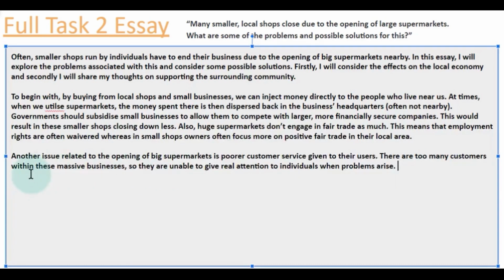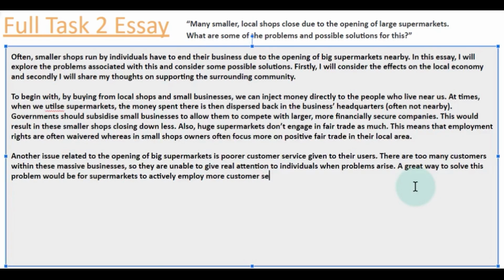There are too many customers within these massive businesses, so they're unable to give real attention to individuals when problems arise. A great way to solve this problem would be for supermarkets to actively employ more customer service focused employees.